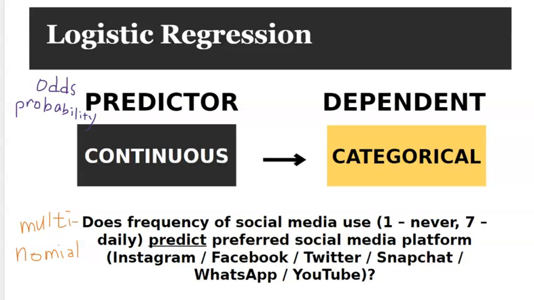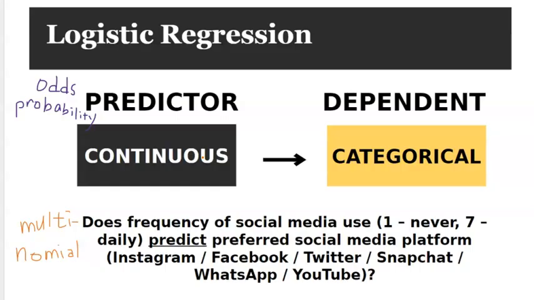These three are distinguished because, unlike simple regression, where you have an independent continuous variable, here the dependent variable is categorical. This is the difference of logistic regression. And regression means that we want to predict the result: how the dependent variable changes according to the independent variable.